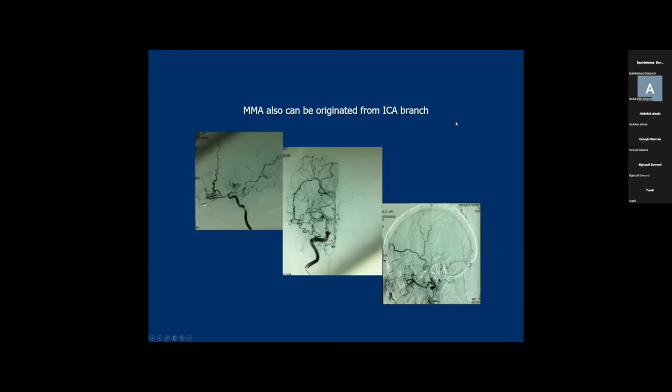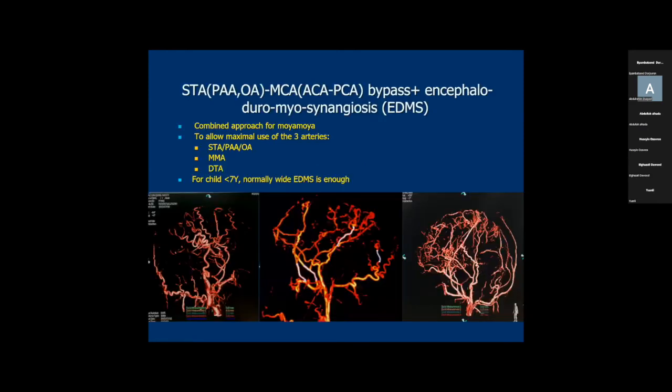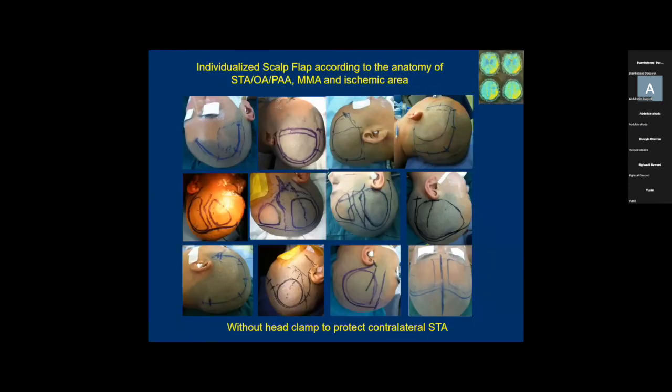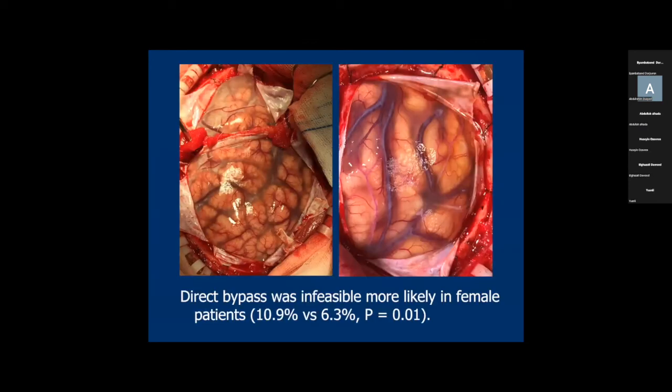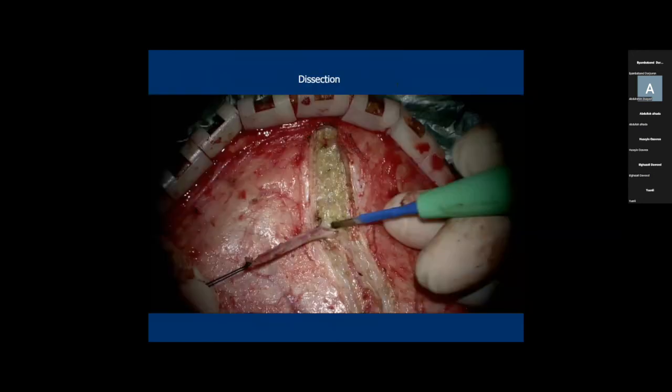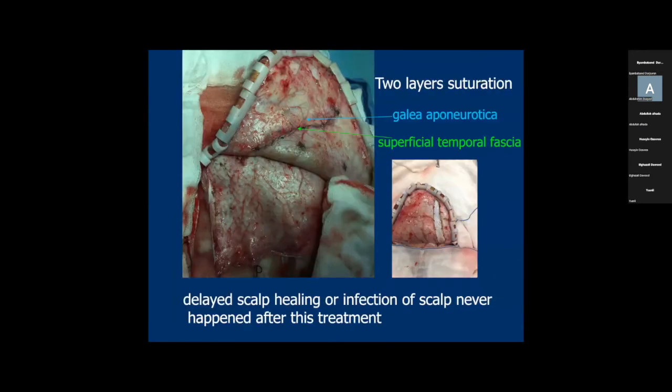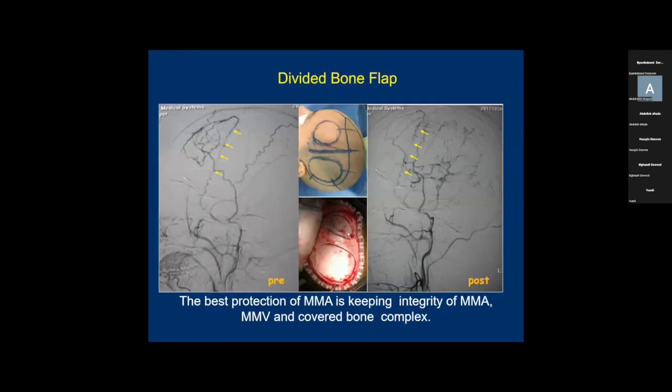So we have to protect the middle meningeal artery, and the MMA can also originate from, for example, the ophthalmic artery. You can see this is originated from the ophthalmic artery, but not from the ECA, not from the maxillary artery. So this is how I protect it. This is the middle meningeal artery.